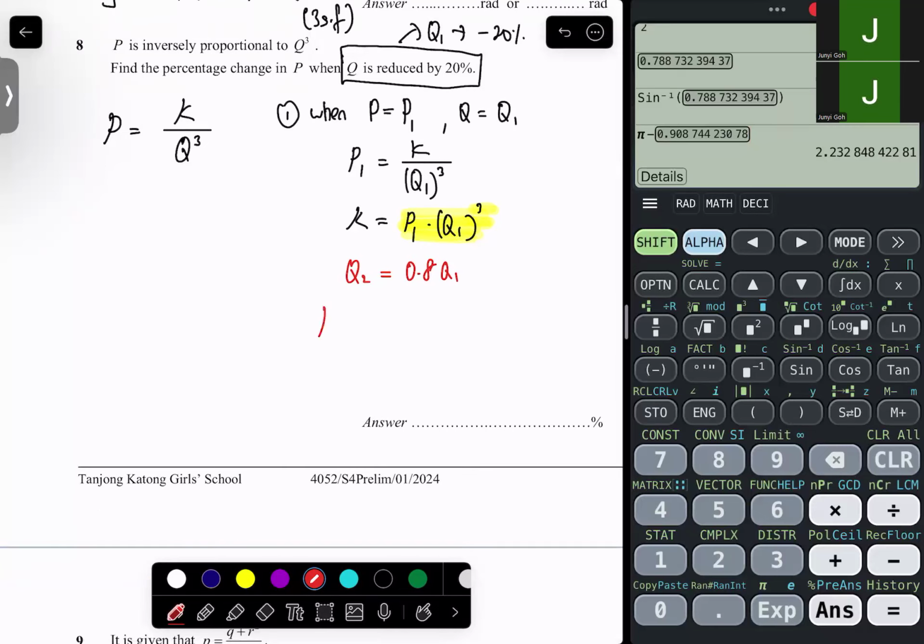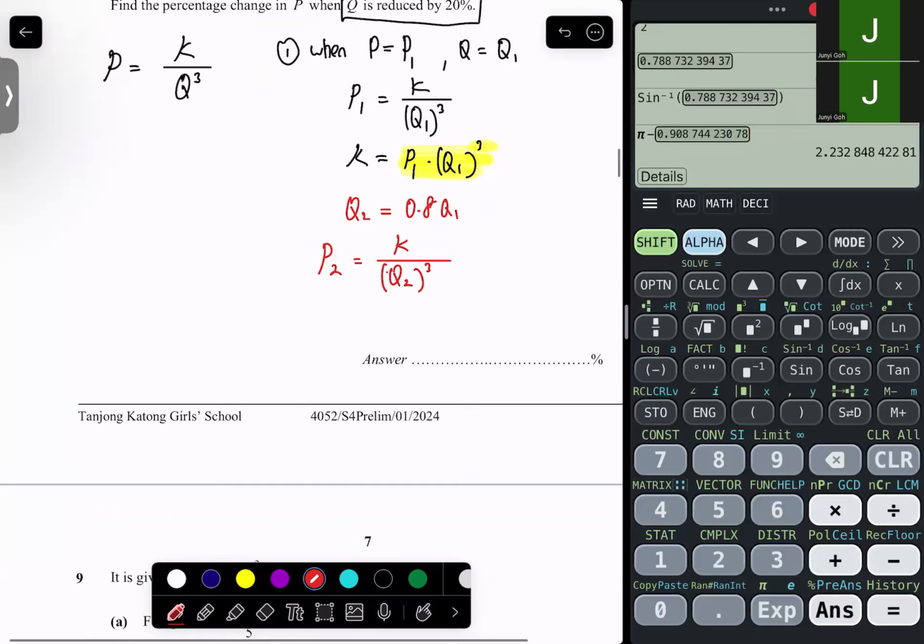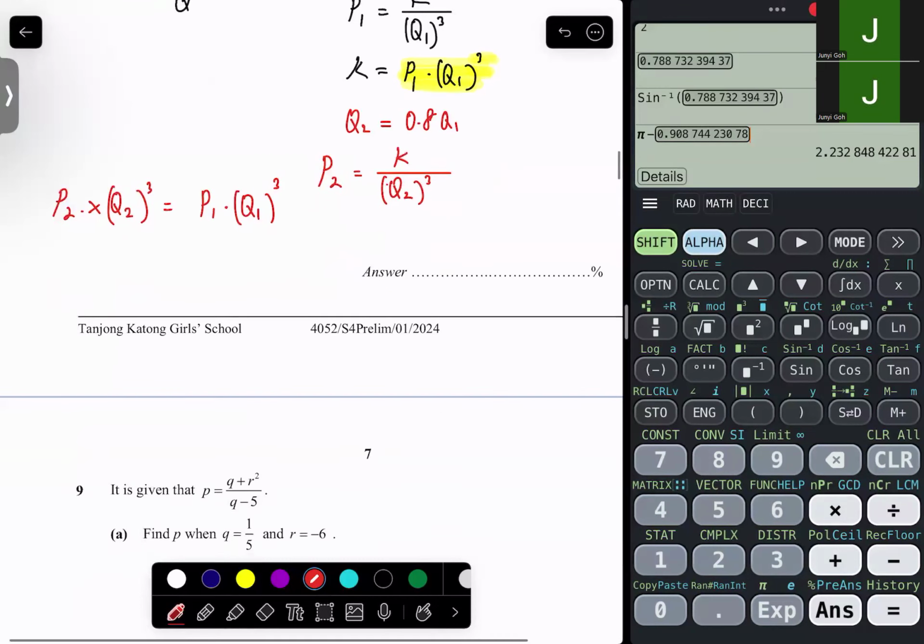So we know that the new P2 would be equal to K over Q2 cube as well. Cross multiply, we'll have P2 multiplied by Q2 cube must be equal to K, which is P1 multiplied by Q1 cube. What we know is that Q2 is actually 0.8 Q1, so we can do a replacement down here.